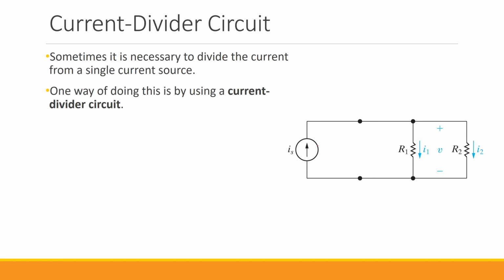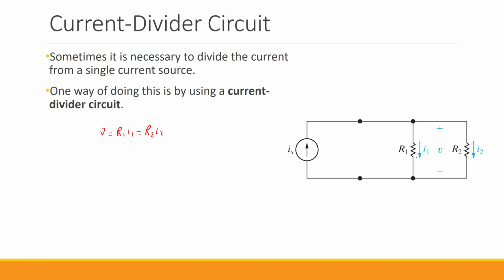So now we can write the KVL for this specific circuit. Based on the KVL, we have V equal to R1 multiplied by I1, which again equals R2 multiplied by I2.